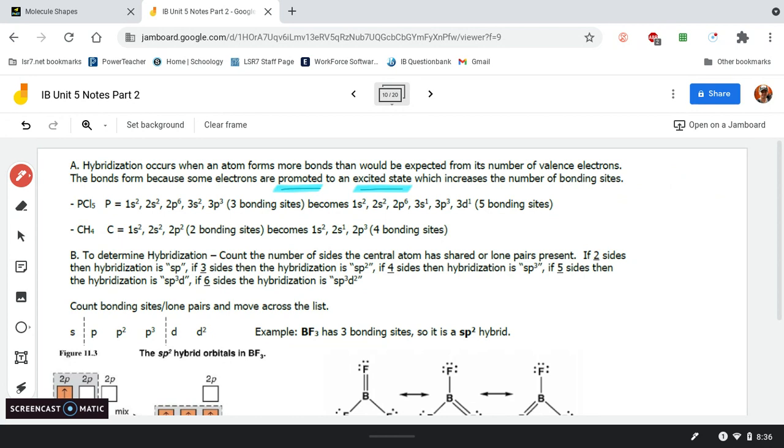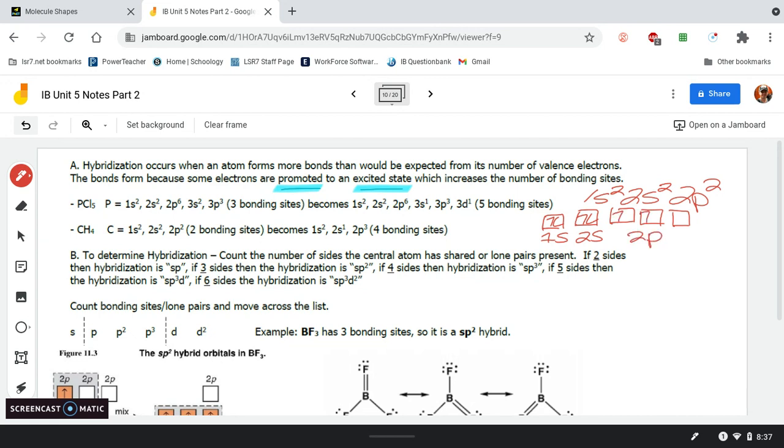So that's going to be 1s2, 2s2, 2p4. Sorry, not 2p4, 2p2. Horrible. If I draw that out, here's the 1s, and it has a couple of electrons. Here's the 2s, and then here's the 2p.